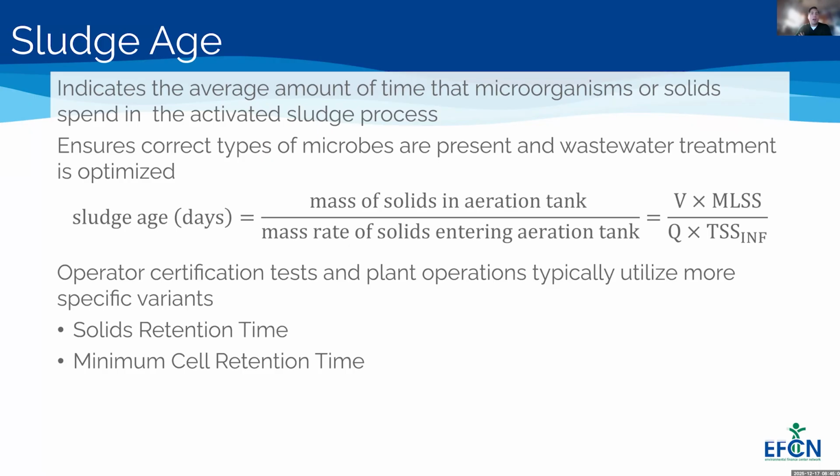That gives you an idea of the retention time of those solids, and more specifically the microbes. So that's the general way of calculating just general sludge age. But the way we tend to calculate this in our plants or in the certification tests is by using more specific versions, such as the solids retention time, which is the SRT, or the minimum cell retention time.